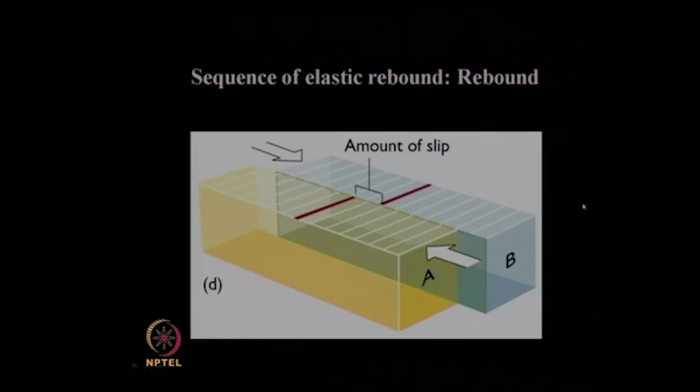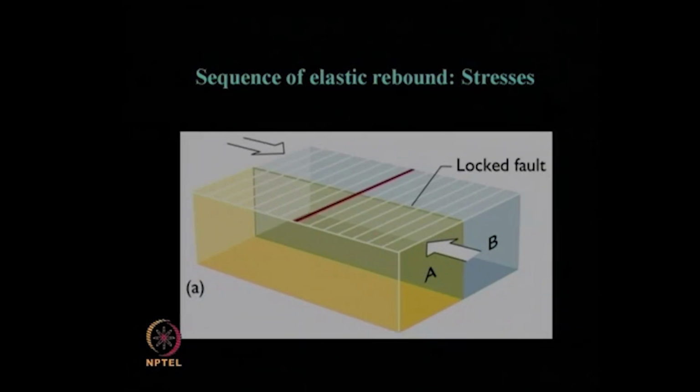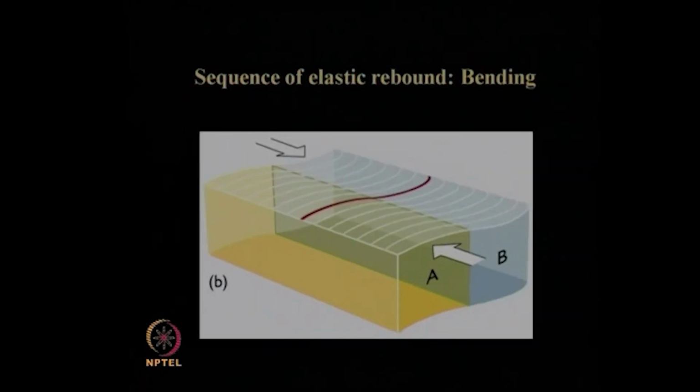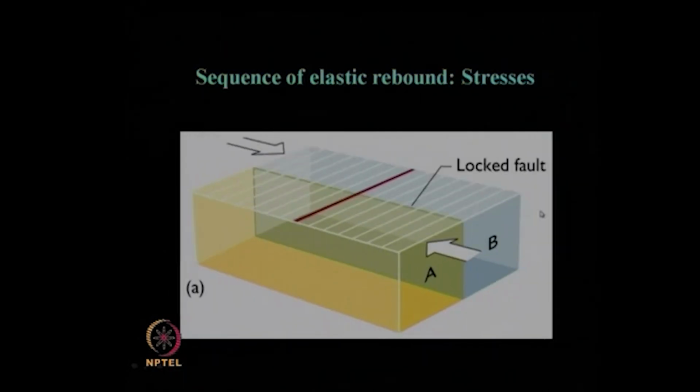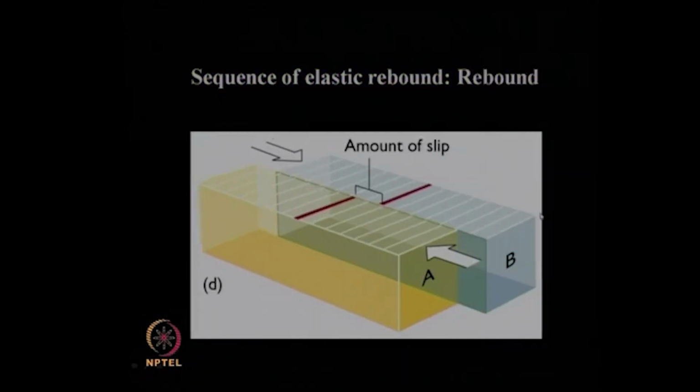So, in this elastic rebound theory, what are the steps we have seen? First, the stresses get generated, through which the rock goes to bending, and when that bending stress is more than the strength of the rock, it ruptures along that line of weakness or fault, and after the rupture the rebound occurs and individual blocks go to another state of equilibrium.